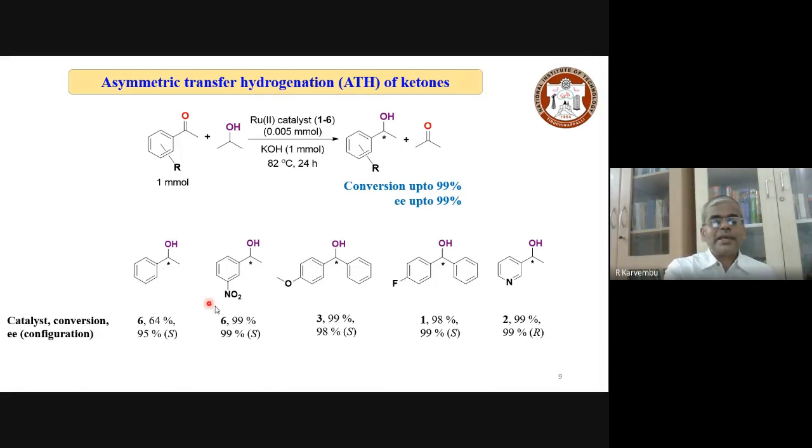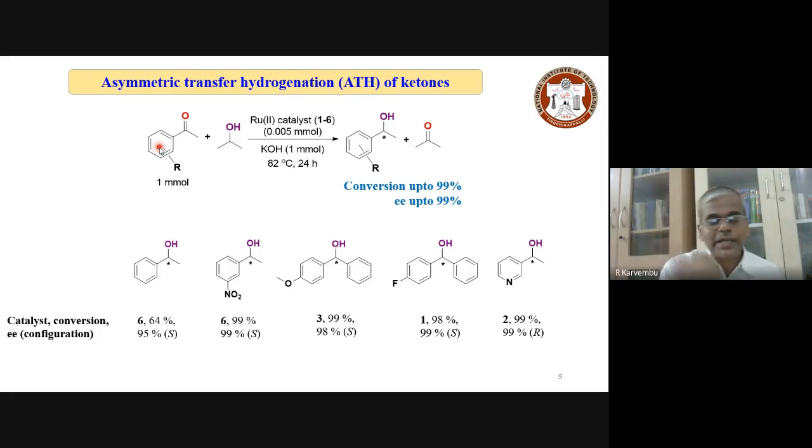You can see here, in most of the cases, we have prepared all these alcohols, right? And only one of the enantiomers is obtained in these reactions. In almost all the cases, except the first one, the conversion is found to be very good. It means that whatever ketone you take, almost all the ketone molecules are converted into alcohol.